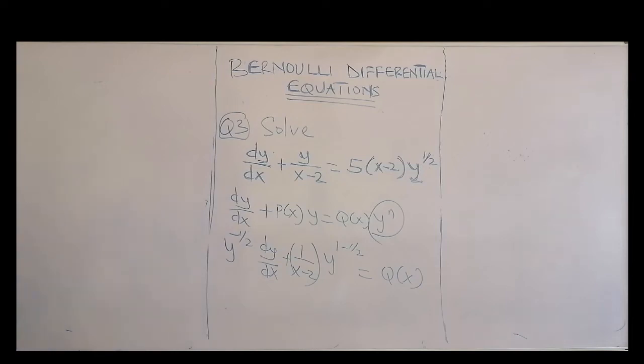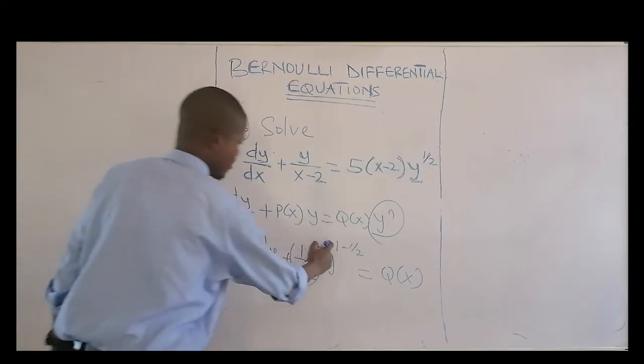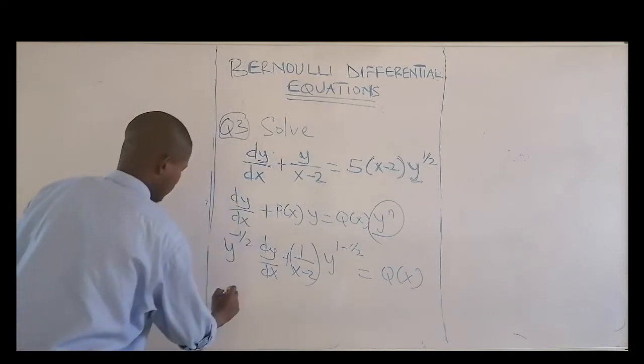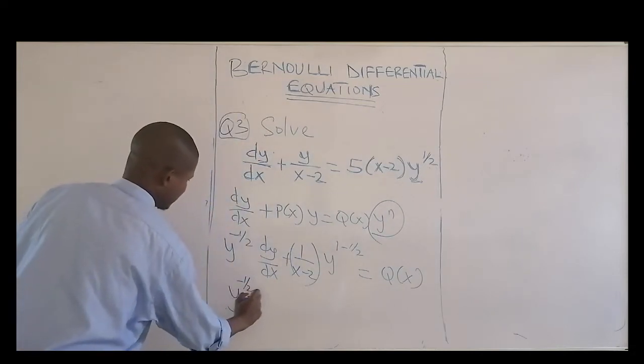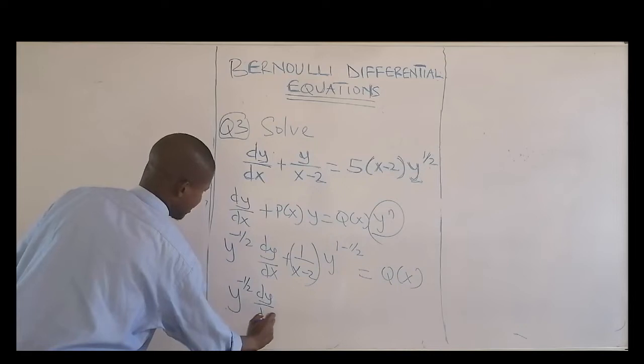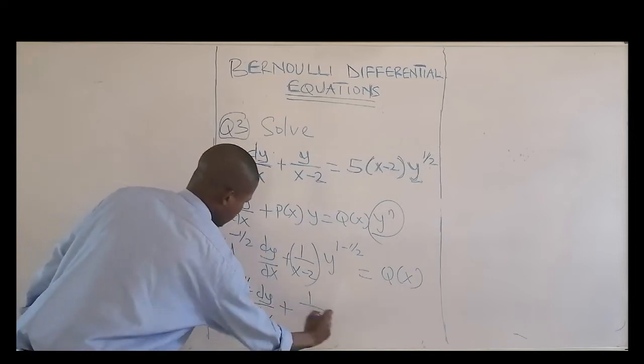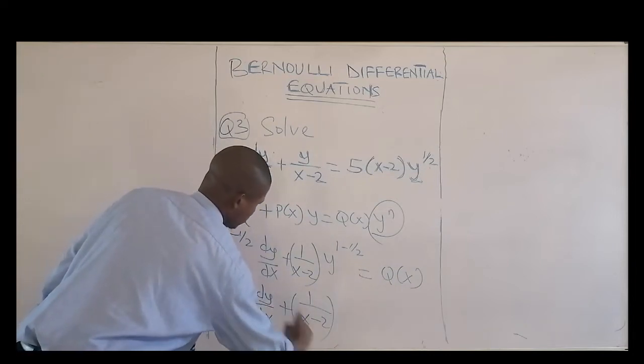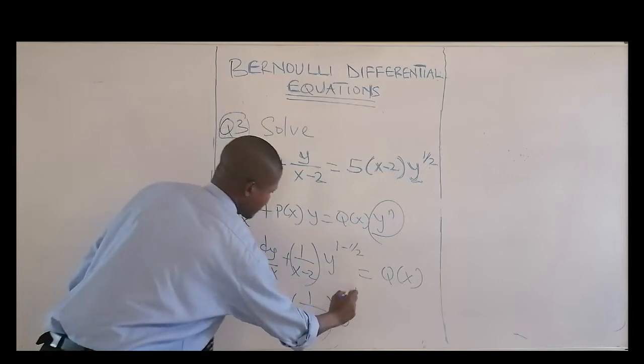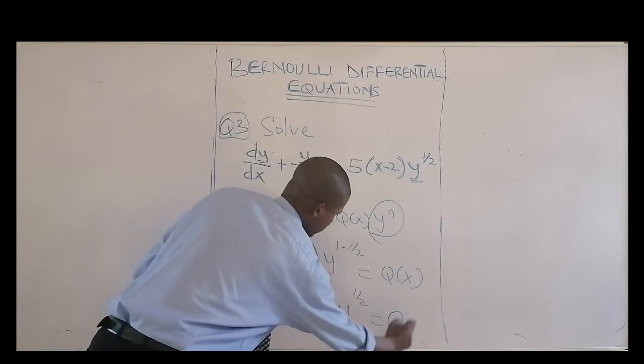So that's what we have there. Then the next thing to do, we know that 1 minus half is half, and that's Q.